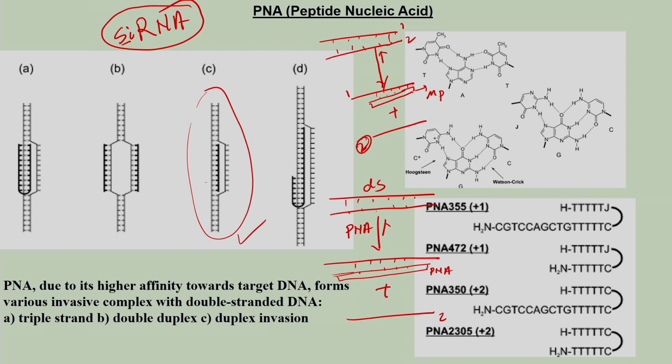Second is called double displacement. Originally you had this double stranded DNA, dsDNA, which is the original sequence. Now you have treated this with a PNA, and the sequence of the PNA is such that it is complementary to part of your target DNA. So, your target DNA has been unhybridized in this part, separated out. One of this target DNA is hybridized to the PNA.